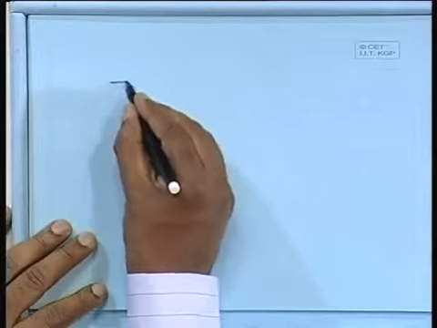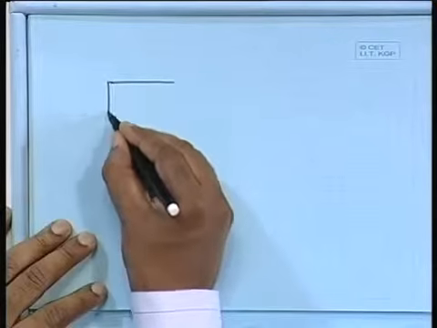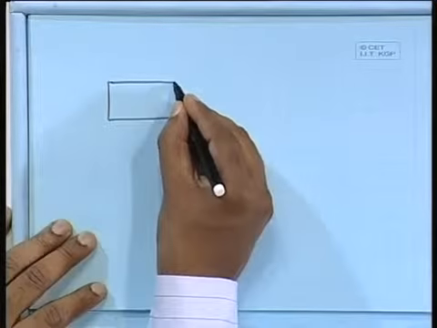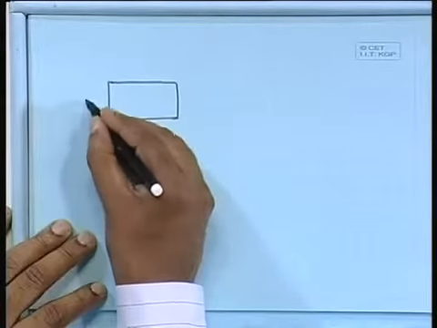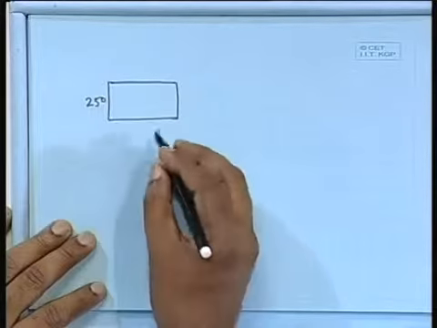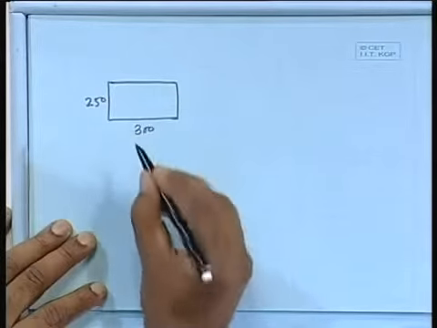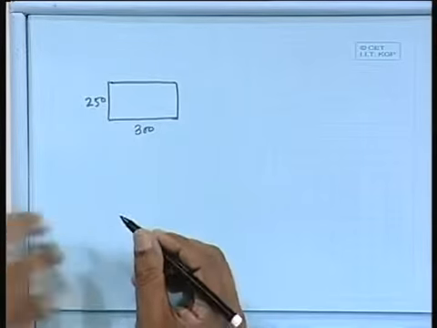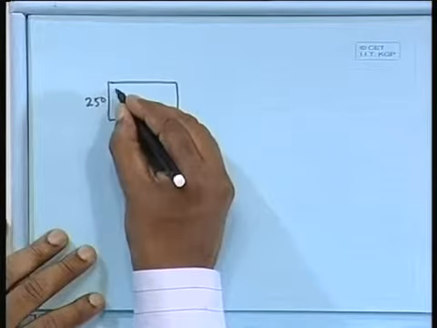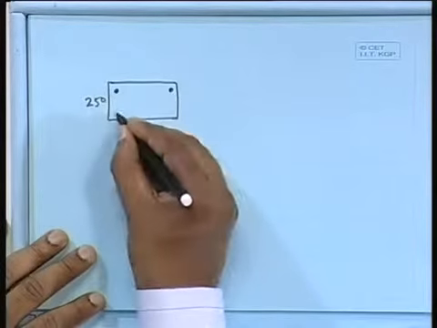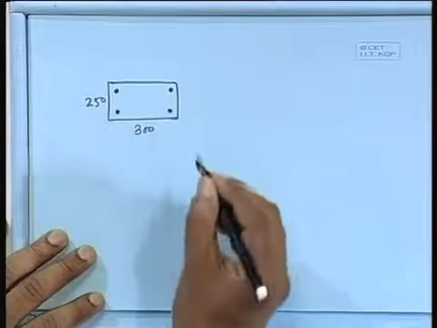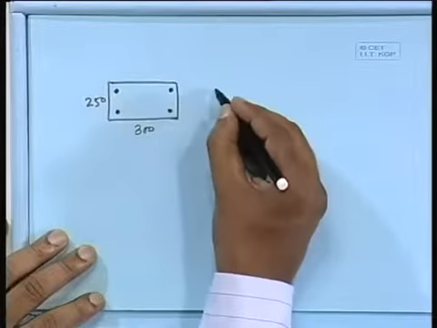So the design of a column is very simple in that case. Let us take one section, 250 by 300, and I am giving here 4 bars of 12 mm diameter.